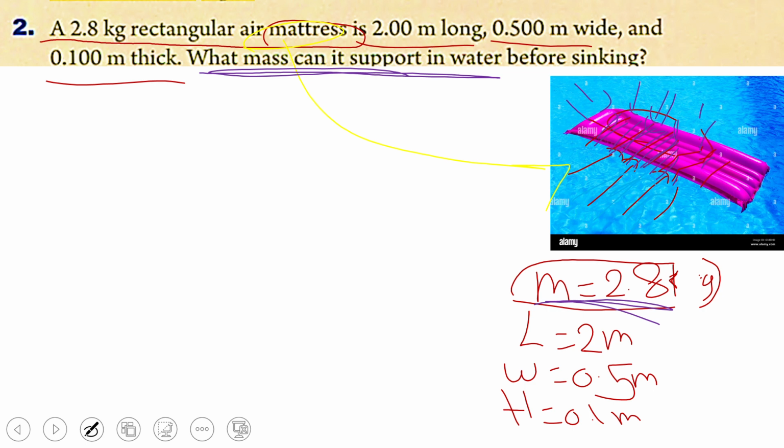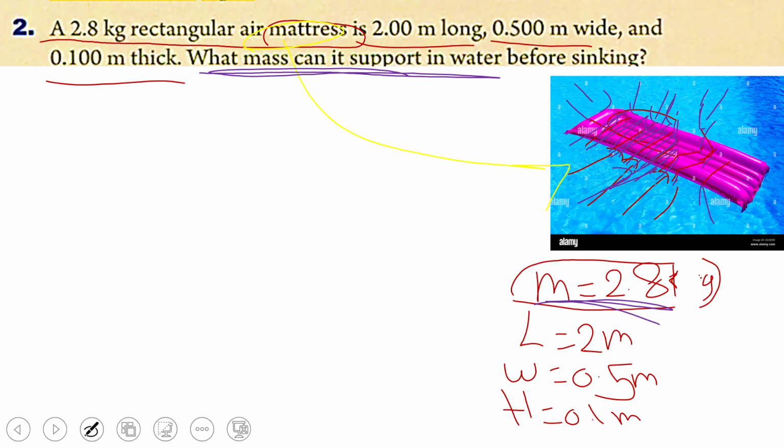After a while, when we put the air mattress under the water, a little water goes inside the air mattress. Of course, it must become heavy. We want to find this extra mass that goes inside the air mattress, the mass of the water.